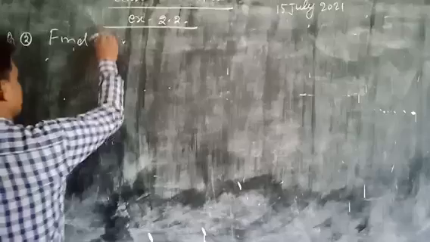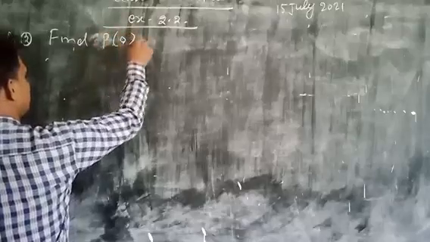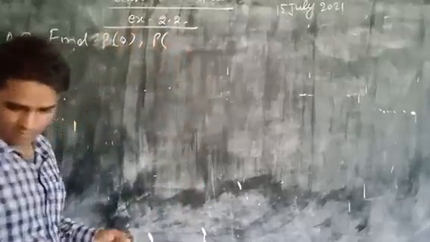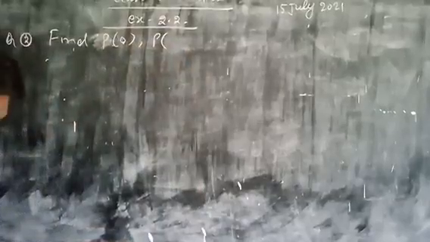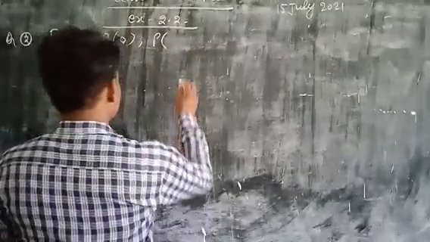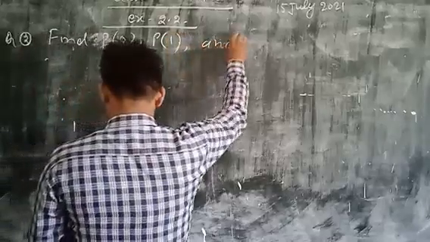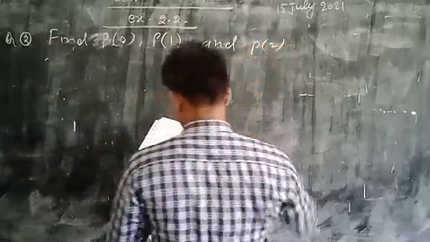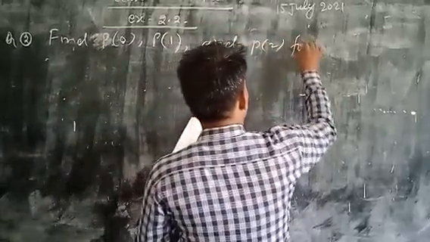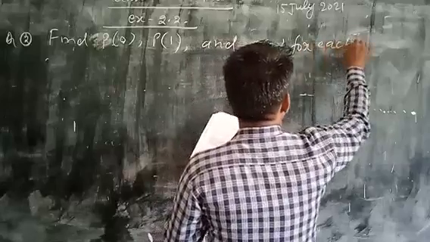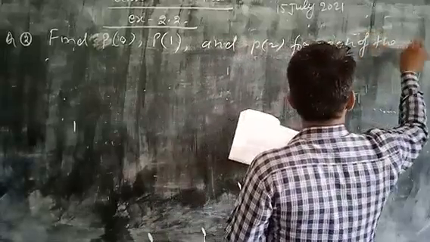In this question, you find P0, P1 and P2 for each of the polynomial.